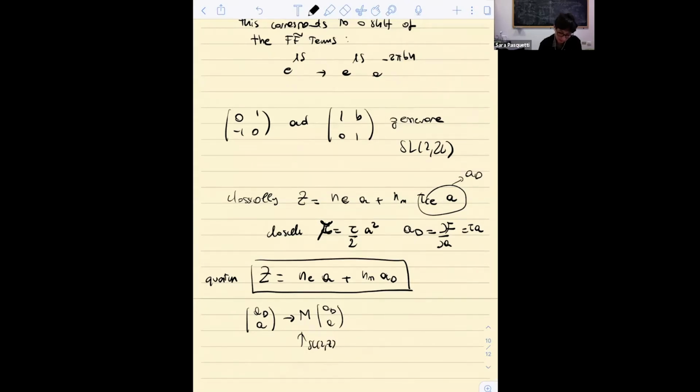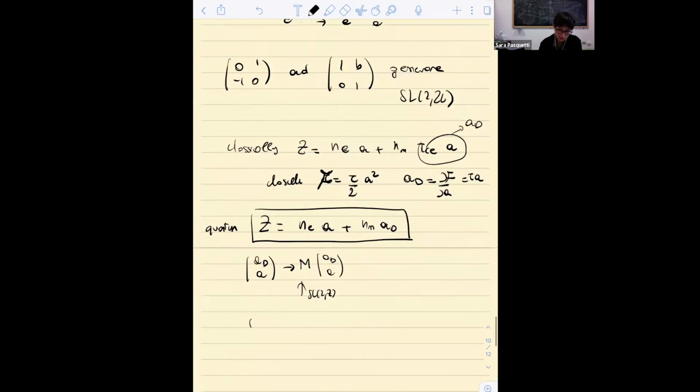And similarly, you want to act on the charges, which, since this is an electromagnetic duality, are going to be rotated by a matrix which is the inverse of the SL(2,Z) matrix acting on the periods. So in this way, the central charge is invariant under the action of this duality transformation.